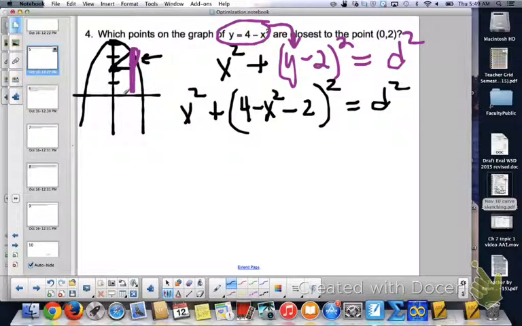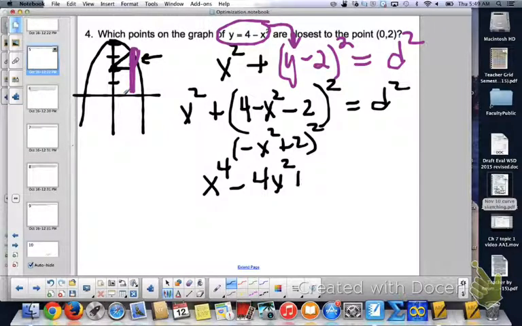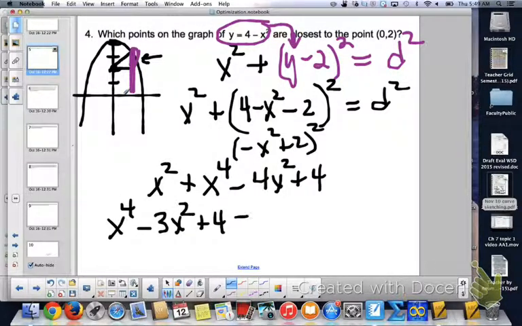So this is negative x squared plus 2. We're going to square that, so that becomes positive x to the 4th minus 4x squared plus 4, and we have an x squared plus that. So x to the 4th minus 3x squared plus 4 equals d squared, and then we're going to take the square root of that, so we have d by itself.